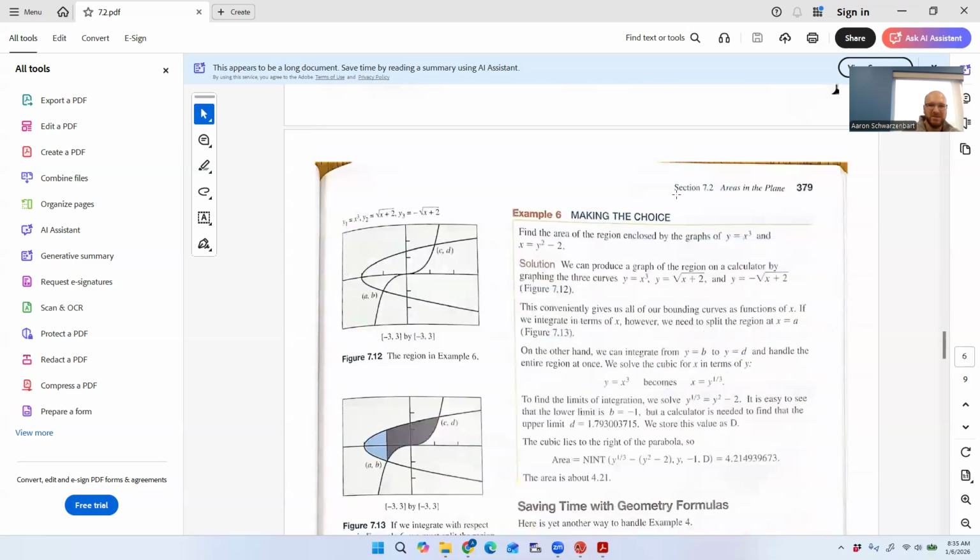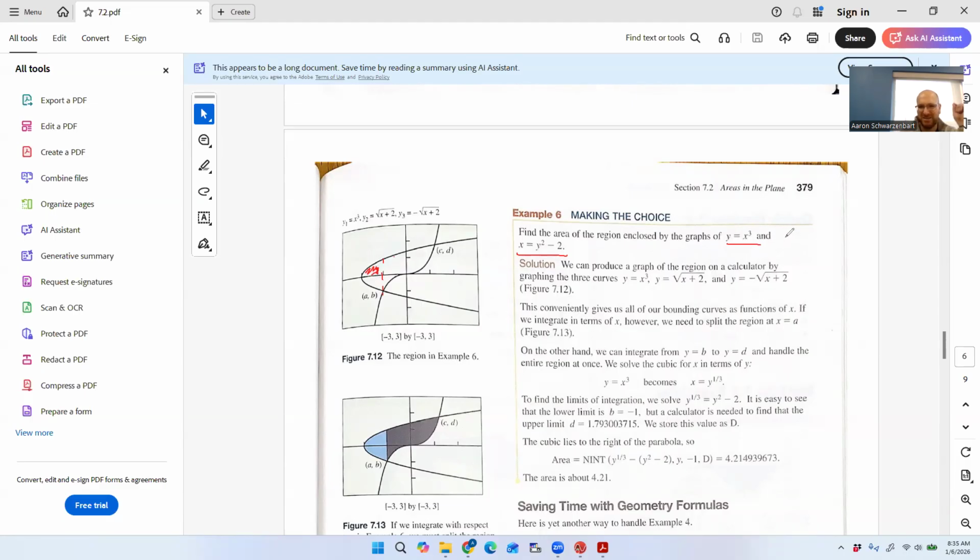Okay. So looking at this, do you think I should do this as x equals or y equals? So these are the two functions. You could do it as x and do this as upper minus lower and split it there, and then take this and just multiply it by 2.